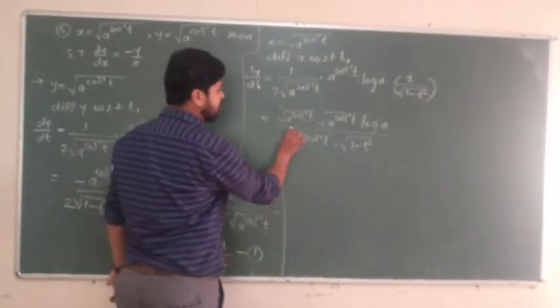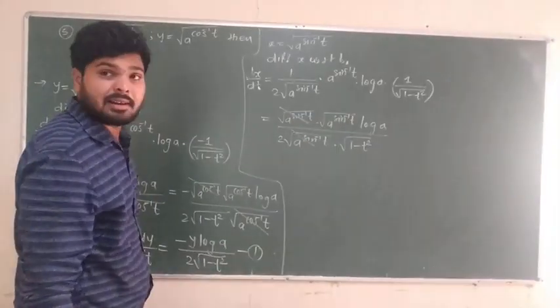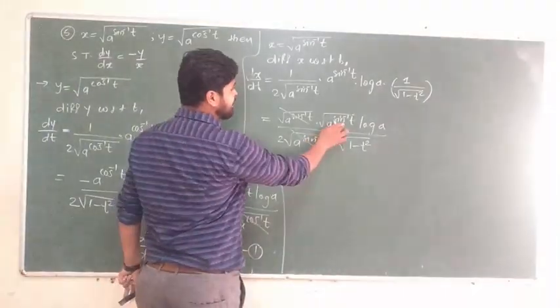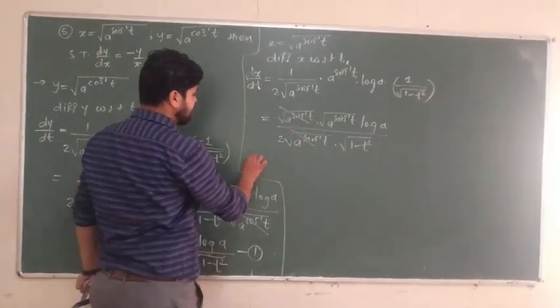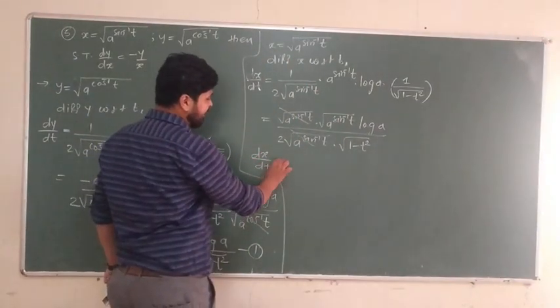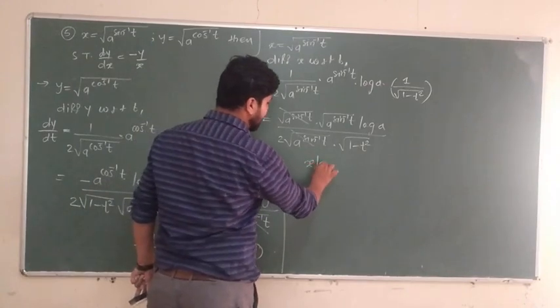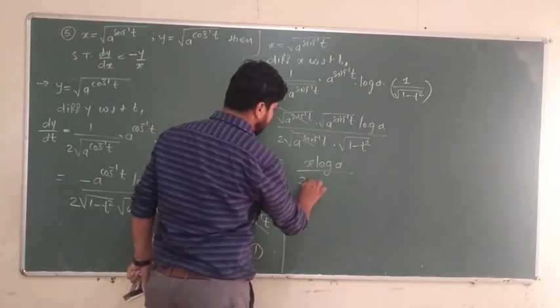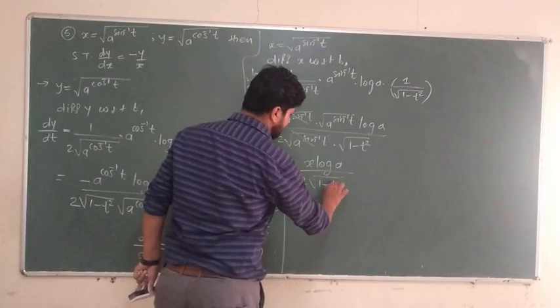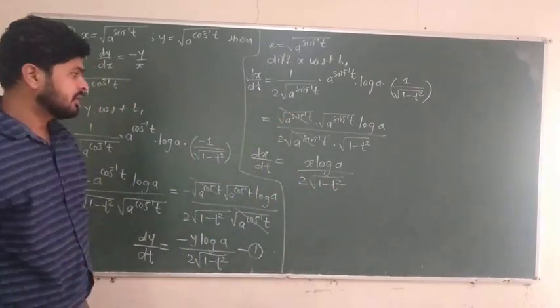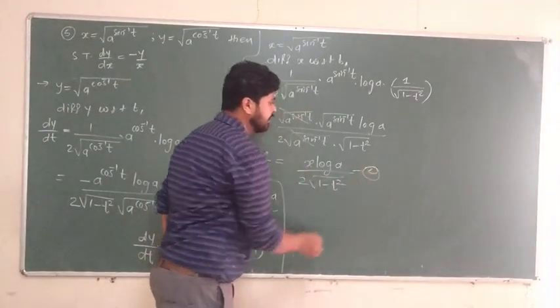So one root a raised to sine inverse t gets cancelled, and the value of this root a raised to sine inverse t is x. So we get dx by dt is equal to x log a upon 2 root 1 minus t square. Call this equation number 2.